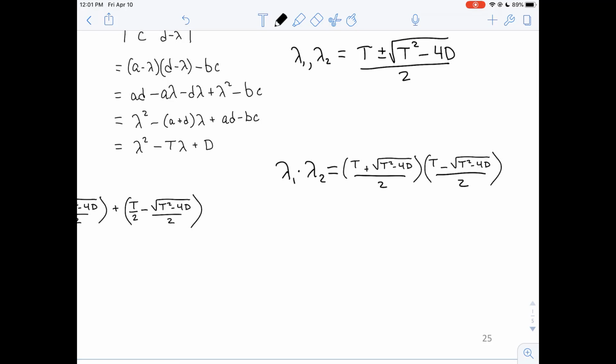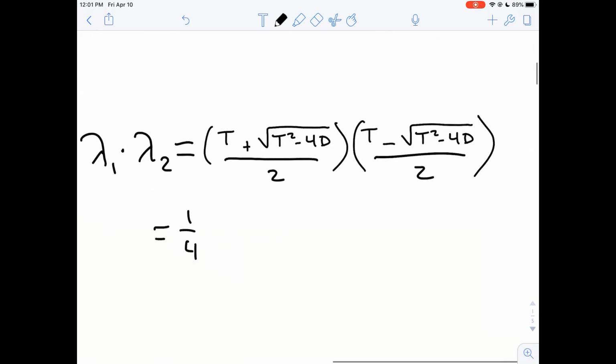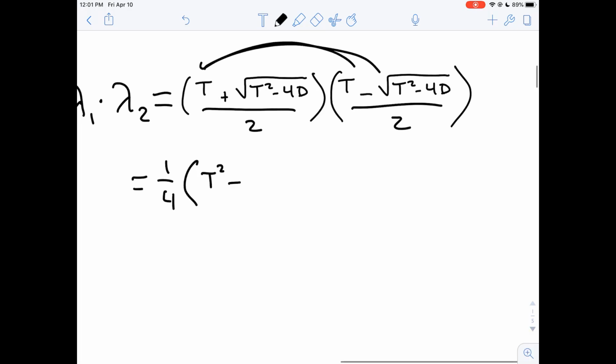I'm going to multiply the 2's and make a 1/4 and pull out the 1/4. And then from there, I'm just going to have to FOIL the two numerators. All right, so we do t times t, that's t squared. And then we do t times that negative radical, so we have minus t times this radical, which is the square root of t squared minus 4d. And then we do the insides from the FOIL process.